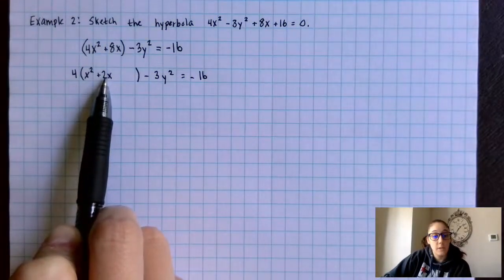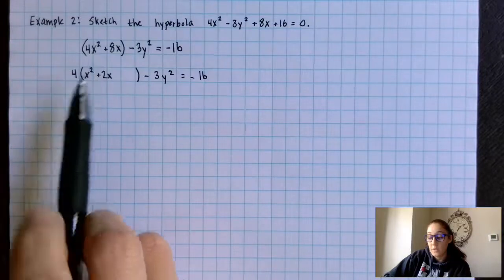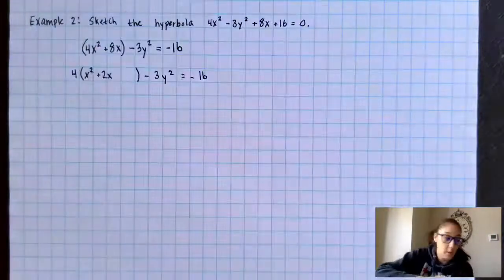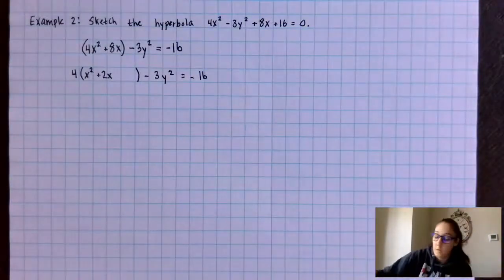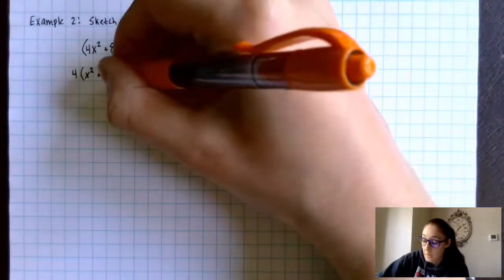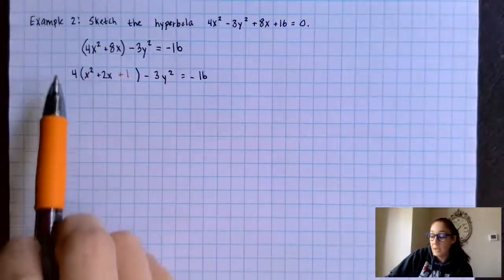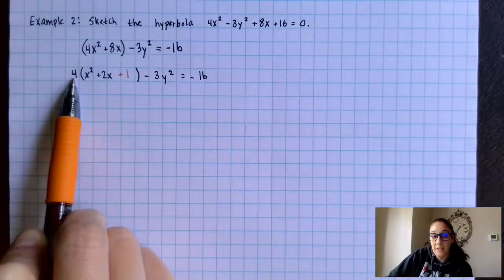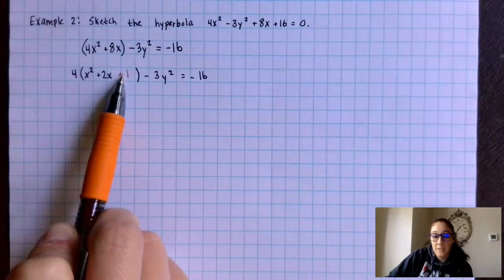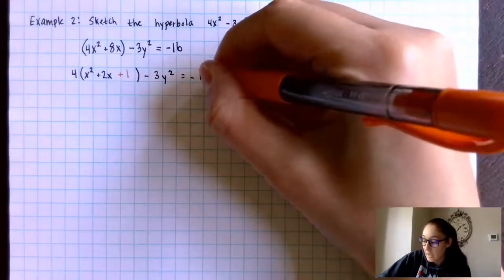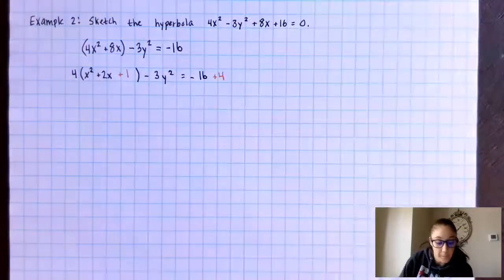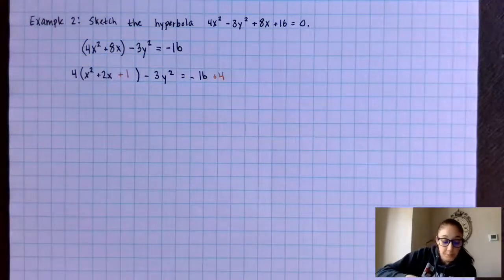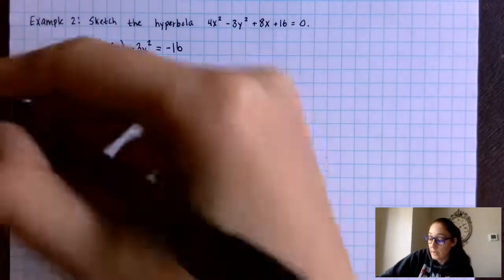So 2 divided by 2 is 1. 1 squared is 1. So let me plug in my positive 1. Remember, because this is actually being multiplied by a factor of 4, when I add to the right side, I'm adding 4.